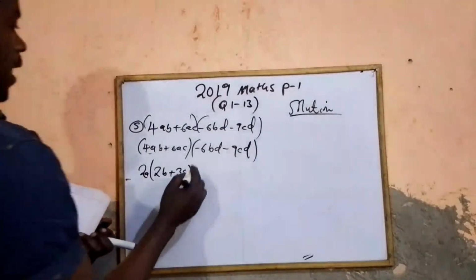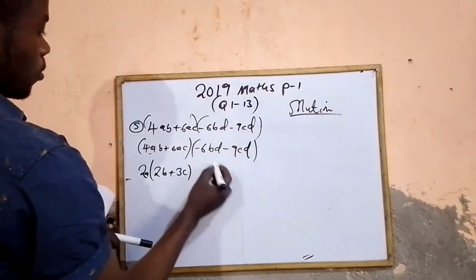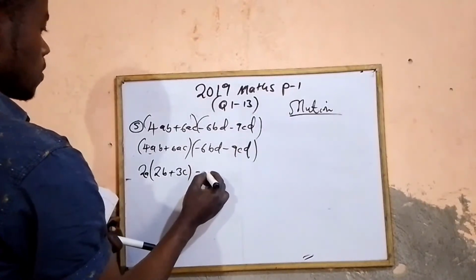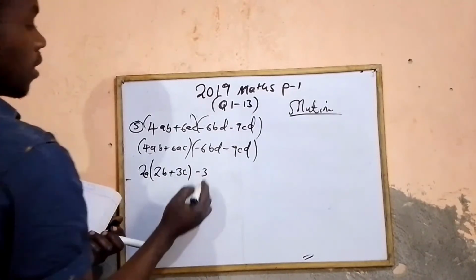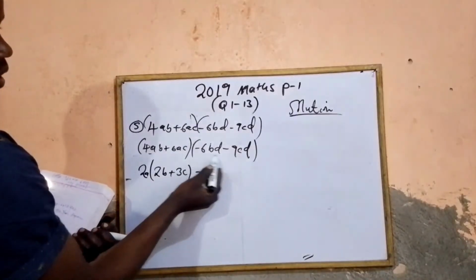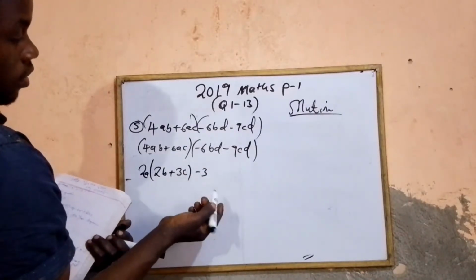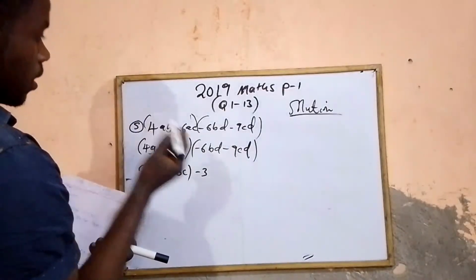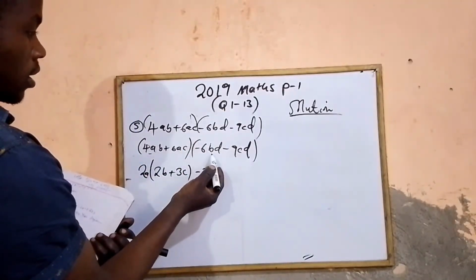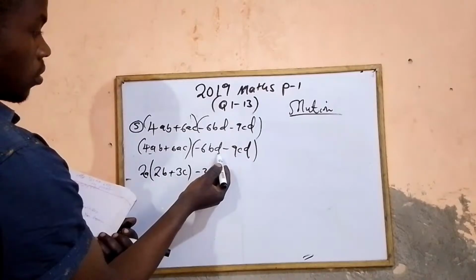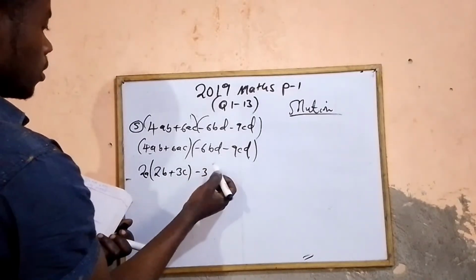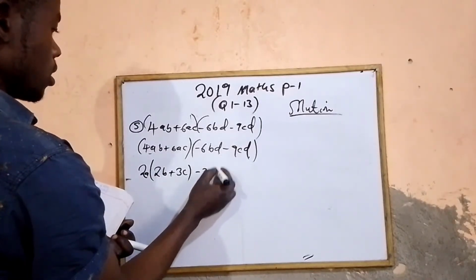Then here what is common? It is minus 3. The number which can go into 6 and 9 without leaving any remainder is only 3. Coming to the letters which are equal, it is d. So we have 3d here.